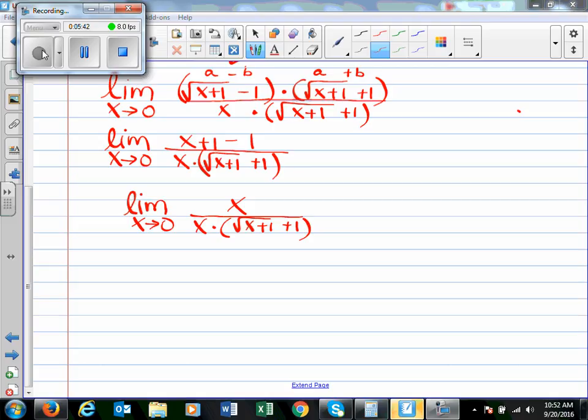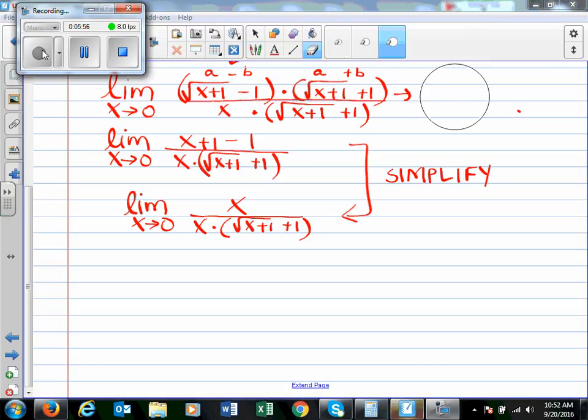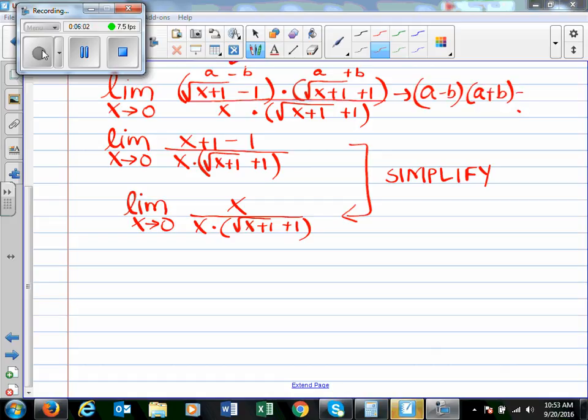Here, what have I done? I have simplified. The previous step used special products, a minus b times a plus b is a squared minus b squared. So step 1 was to conjugate, step 2 was special product, step 3 simplify.